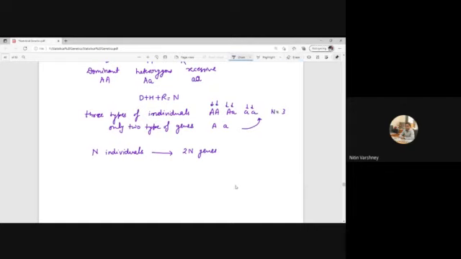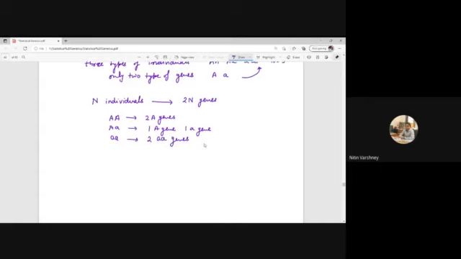Now, so I can write that for capital A, capital A, there will be two A genes. Capital A, small a, there will be one capital A gene and one small a gene. Similarly, for small a, small a, there will be two small a genes.